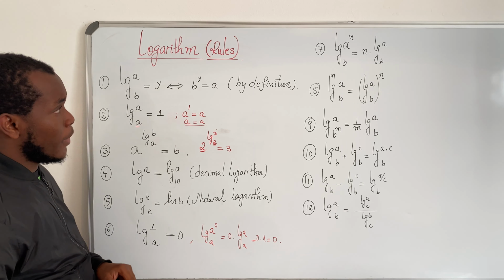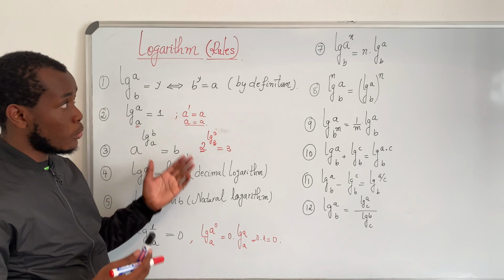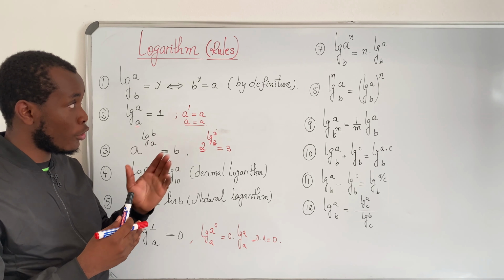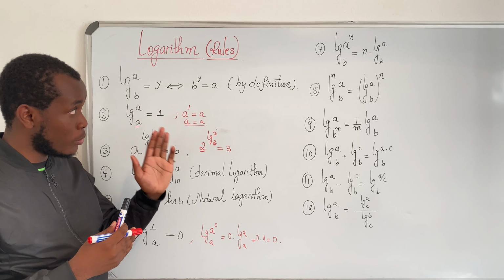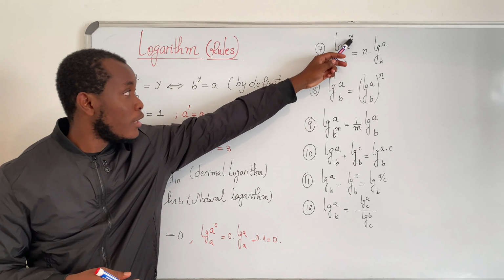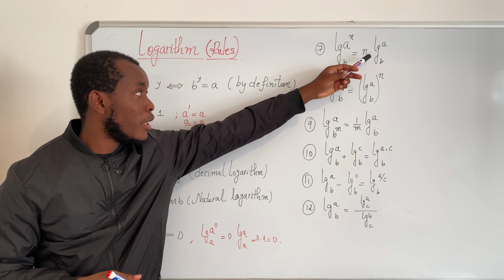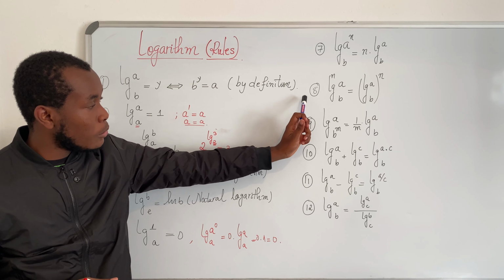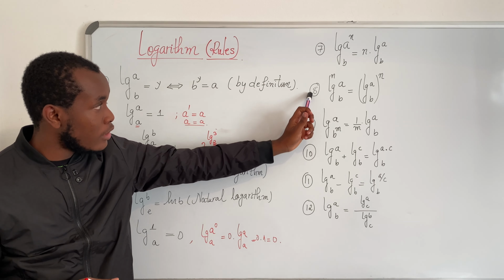Property number 7. In property number 7, as I was saying, when you have log of a to the power n to the base b, you can send the exponent n to the front, multiplying the log. But we can't make the mistake of saying that rule 8 is equal to 7.